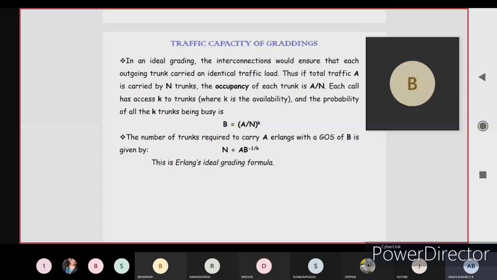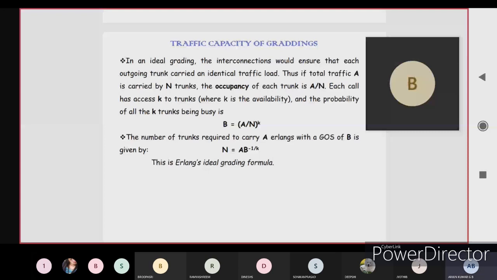The occupancy of each trunk will be A by n, and each call has access to K trunks, where K is the availability, and the probability of the trunk being busy is B equal to (A by n) to the power of K, and the number of trunks required to carry A with a grade of service of B is given by.